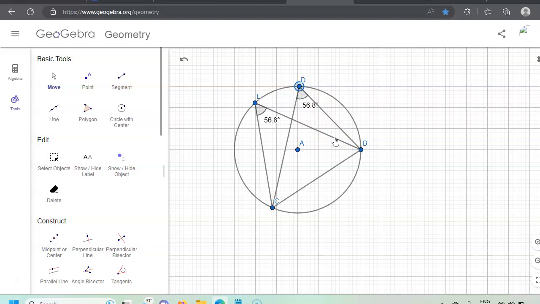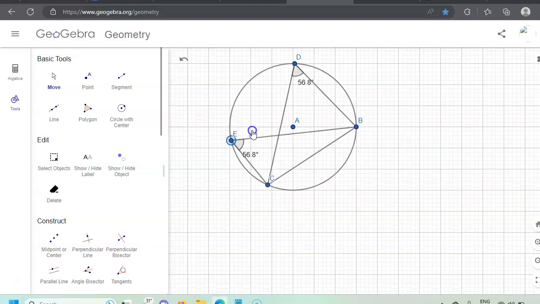So observe, if we move point E here and then overlap it or coincide it with C here, then the angle remains the same, right? 56.8.